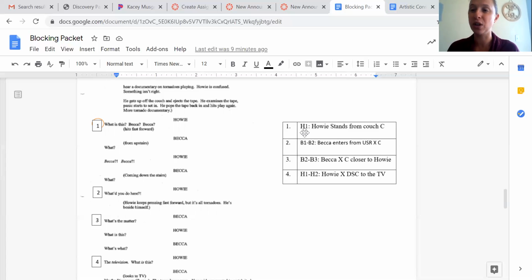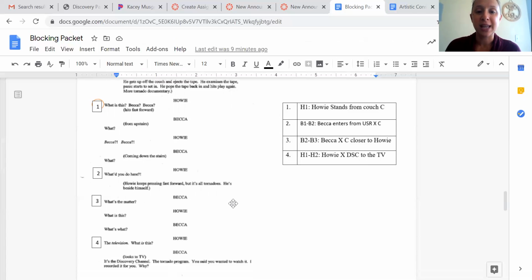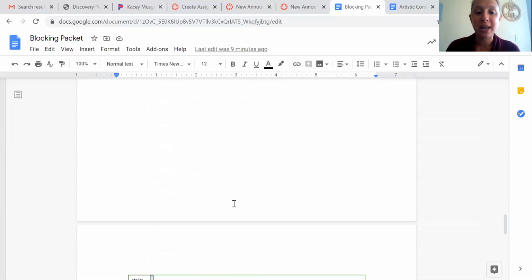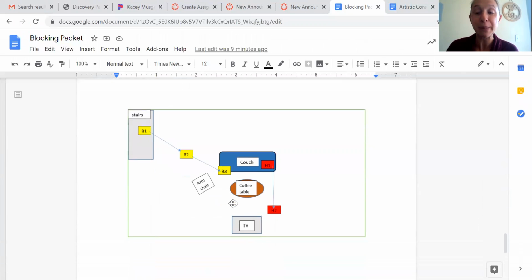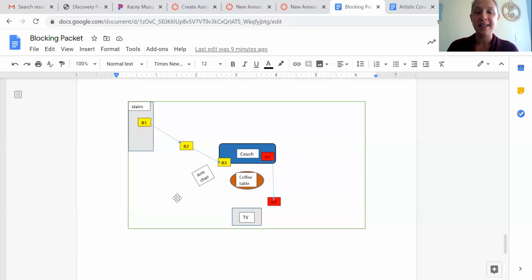It just keeps everything in order. Let me show you what that looks like. If I scroll down a little bit, I gave you a picture of my really simple set. H1, that's where he is right now. All he's gonna do is just stand up in that one spot.